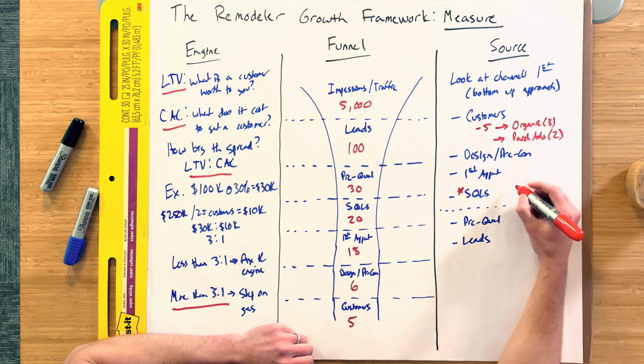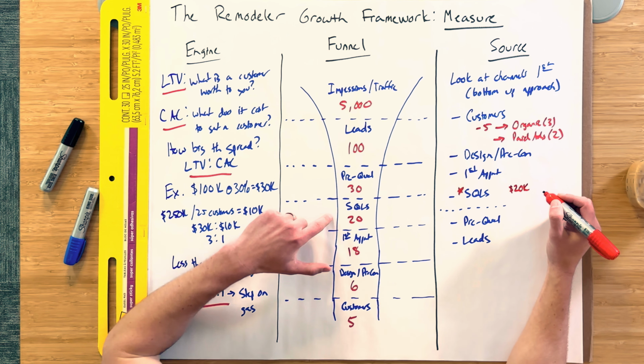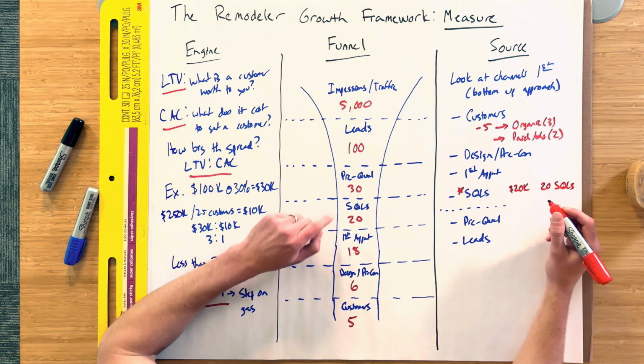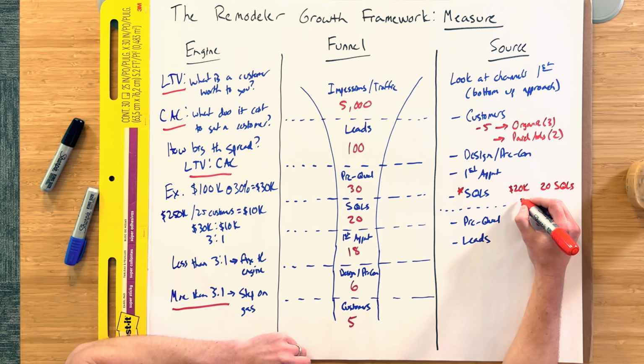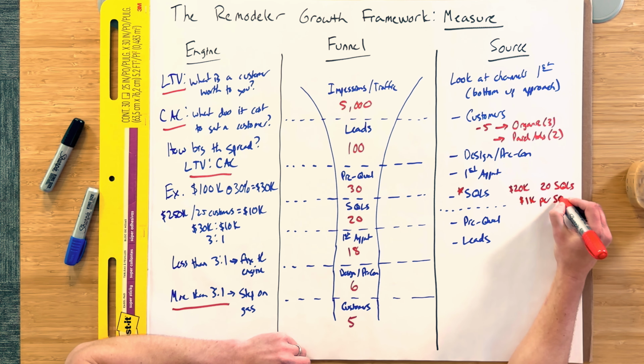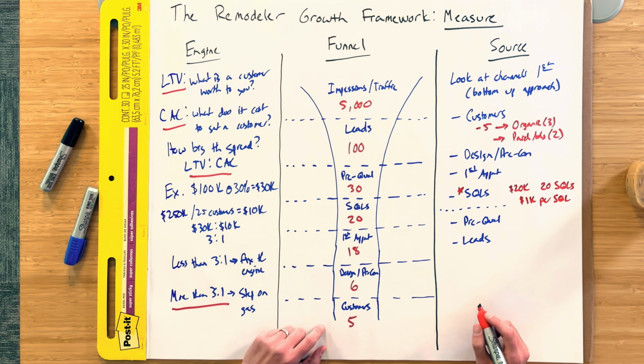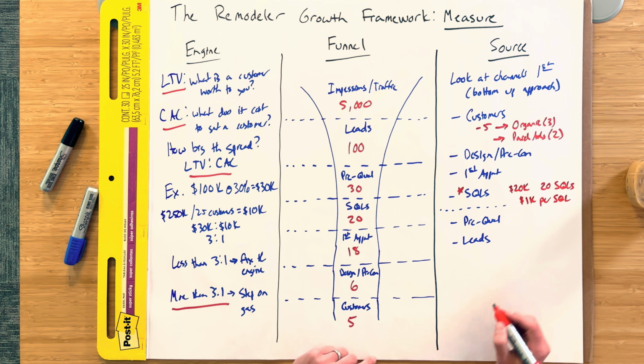Hey, I spent 20 grand, and I got these 20 SQLs. And so that means it cost me $1,000 per SQL. And if you know, hey, I'm going to sign 25% of these, I'm going to sign 5 customers.